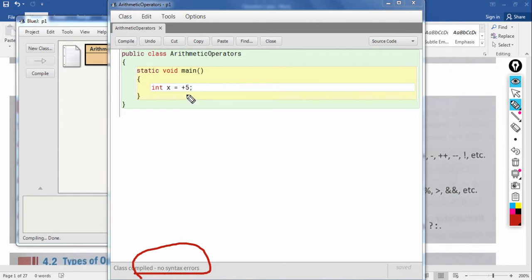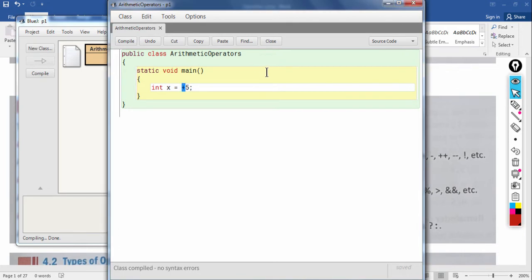That means we have used the plus operator, but it's taking only a single operand. So to denote a positive or negative value, the plus or minus symbols can be used. This is how plus and minus can be used as unary operators.